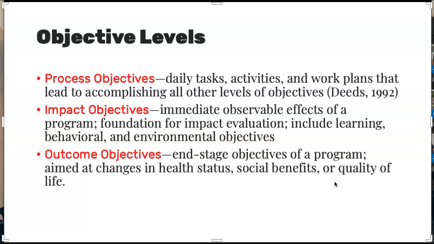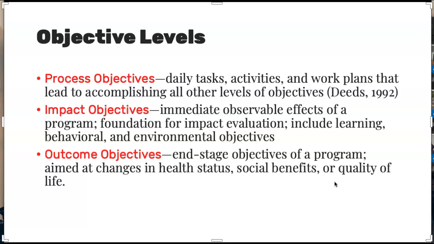These are the things that are measuring the activities that make up your program. The nuts and bolts logistics, they're usually pretty easy to measure because they're objective. You're counting something, you're looking at how many things you distributed or how many people attended. So they're usually pretty straightforward, but they're not sufficient, right?